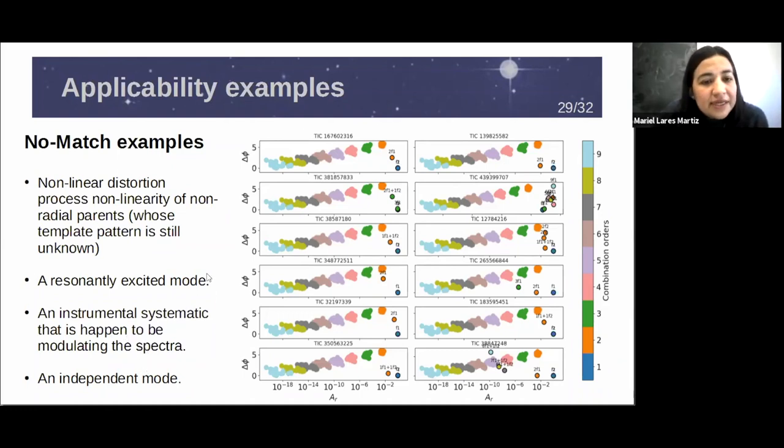But more importantly, is when we try to discriminate from a resonantly excited mode.